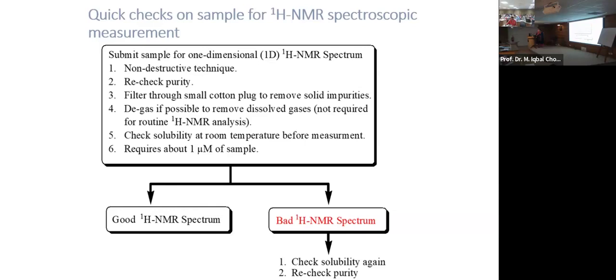You can increase it up to before the boiling point of the solvent. You cannot increase the temperature if the solvent starts boiling, because then you cannot record it. So now you can imagine the kind of technology it has.